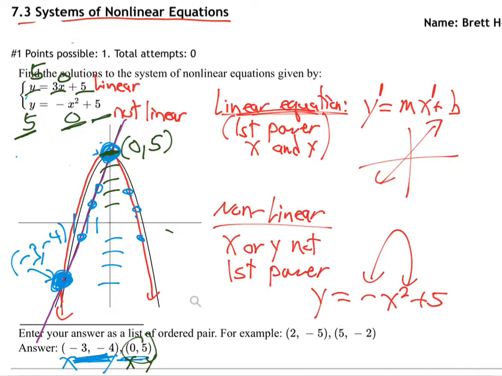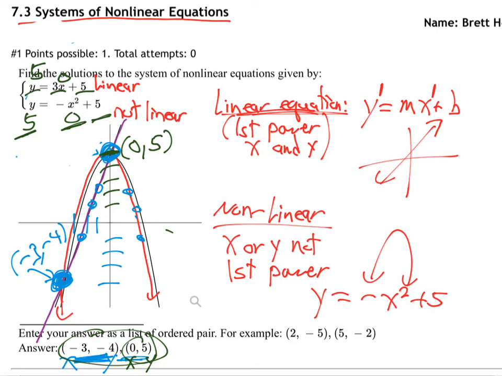It's an intersection point. So, how did they find these points? How do we go about solving two equations at the same time where at least one of them is not a straight line, at least one of them is not linear? In the last two sections, 7.1, we solved two equations that were linear, both straight lines.